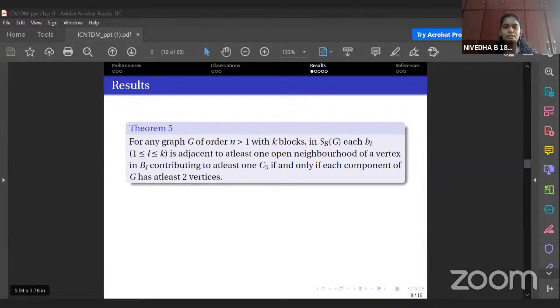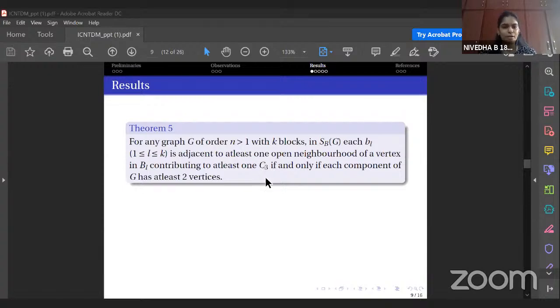We insist on this condition because SB of K1 is disconnected, so it increases the number of components of SB of G. This is why each component should have at least 2 vertices: when one of the components is K1, the number of components of SB of G increases. So this is very important when we talk about the front part.